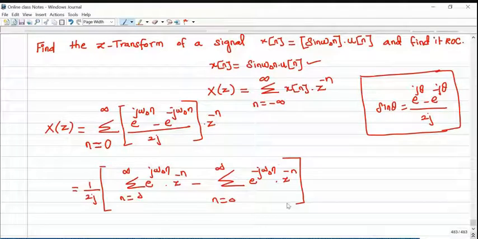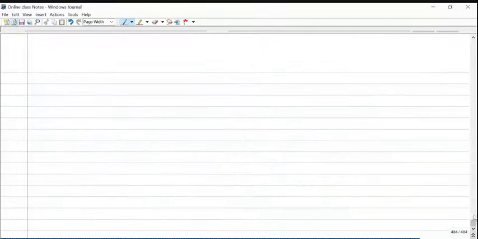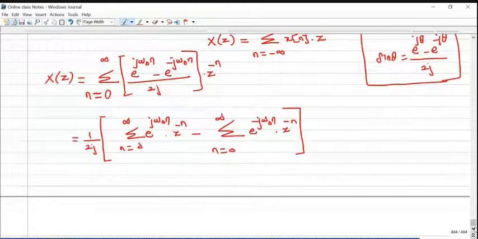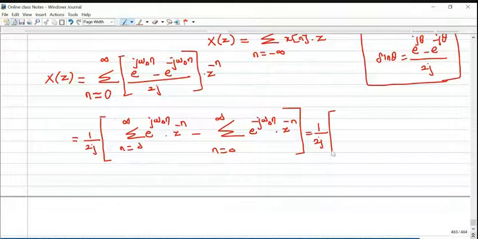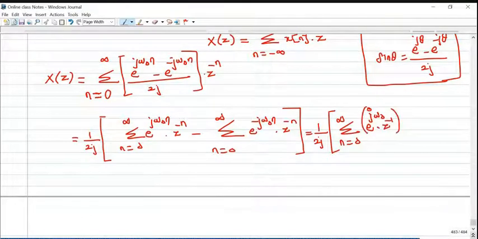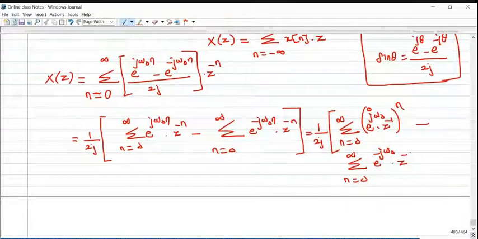Okay. Next step, transform into a power n format. 1 divided by 2j, summation n equal to 0 to infinity e power j omega naught into z power minus 1 whole power n, minus summation n equal to 0 to infinity e power minus j omega naught and z power minus 1 whole power n.